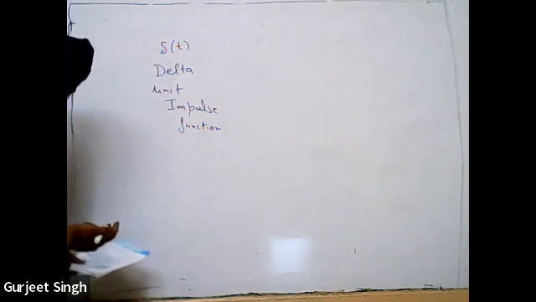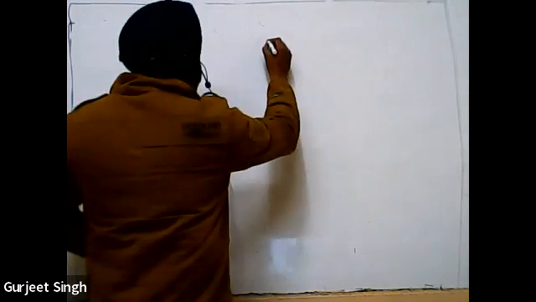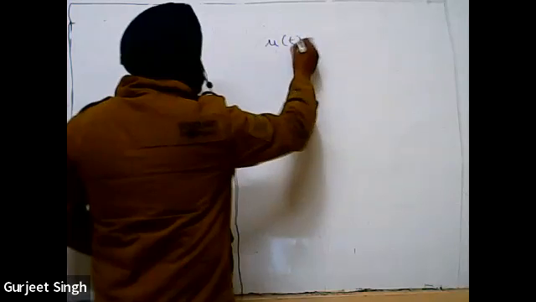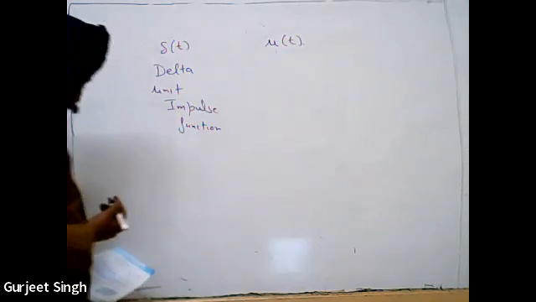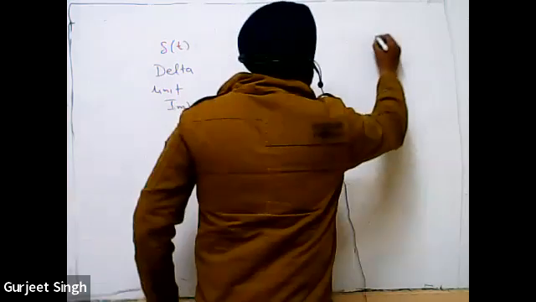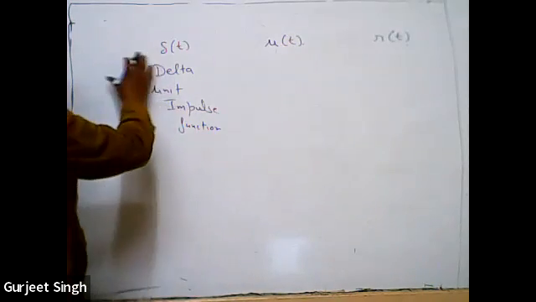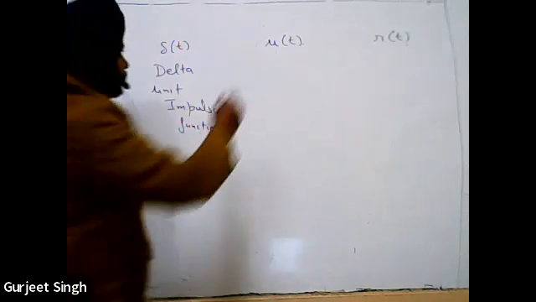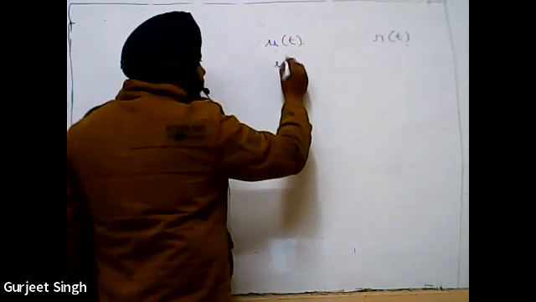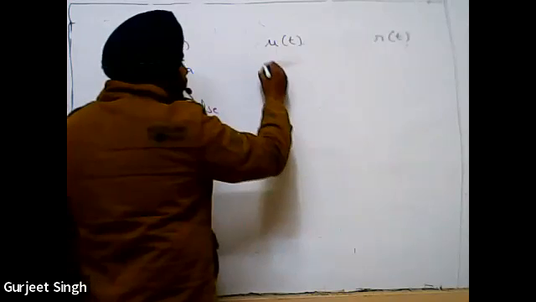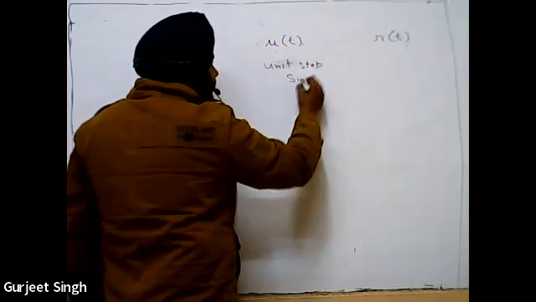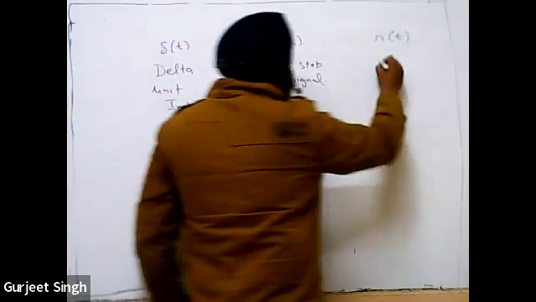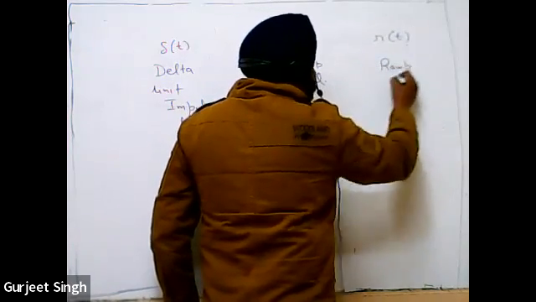First we have the delta function, then we have u(t), that is the unit step signal, then we have r(t). I'm talking about the continuous time signals. So this is the unit step signal, and this is the ramp signal.